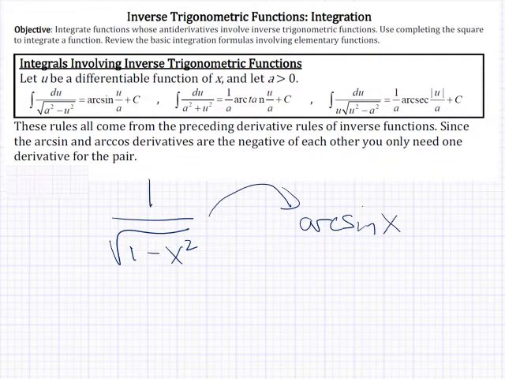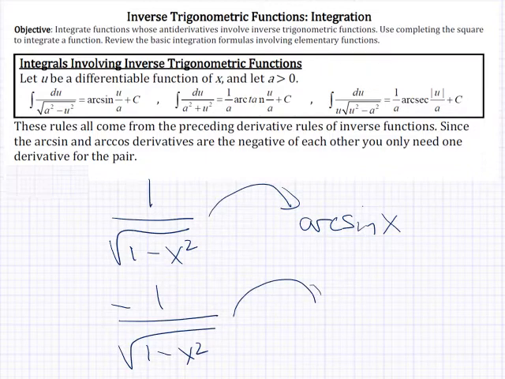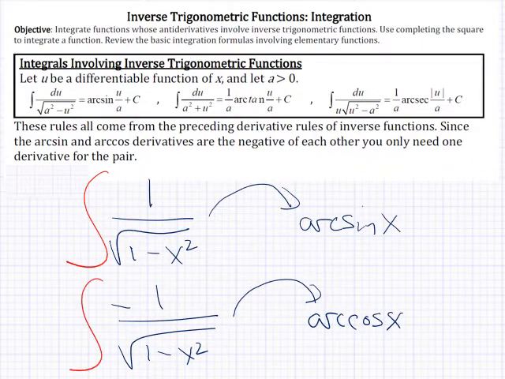Okay? And negative 1 over the square root of 1 minus x squared is the derivative of arc cosine. And therefore could go back to the arc cosine. When I say go back, I'm basically saying that if I integrate each one of these, the integral of each one should equal the arc sine and the arc cosine.